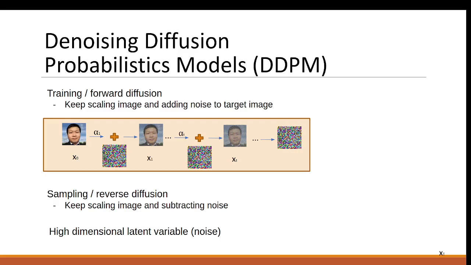When we do the training, it's quite simple. We just take an image. By the way, this is my picture. We just keep adding noise. We scale it, not to scale the resolution, but to scale the pixel values to be smaller, so that when we add noise, it doesn't get saturated.